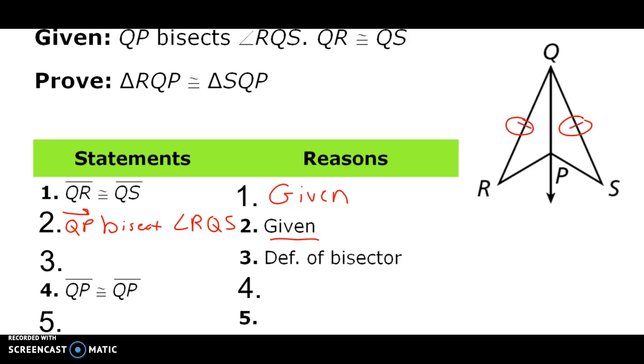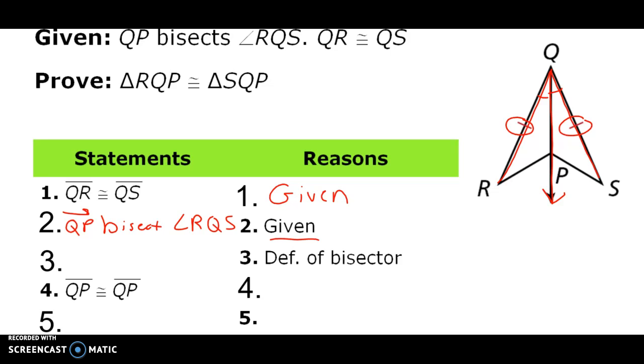It's cutting that angle exactly in half. So how do I mark that on the picture? Yeah, the two angles. So QP, that's this ray right here, is cutting in half angle RQS. So where do I put the two little arcs? Yeah, up top by Q, right? So this angle is congruent to this angle is what that's saying.